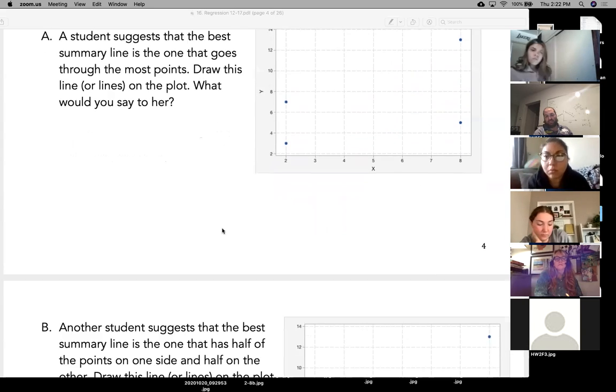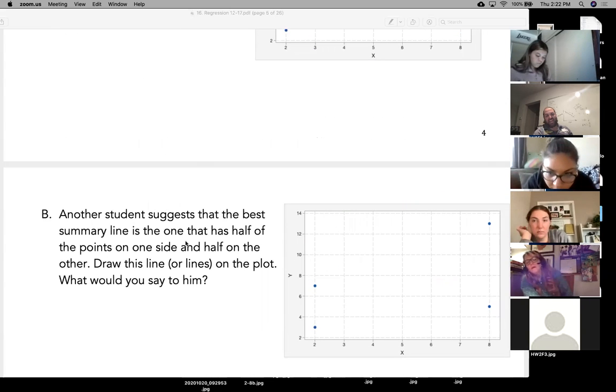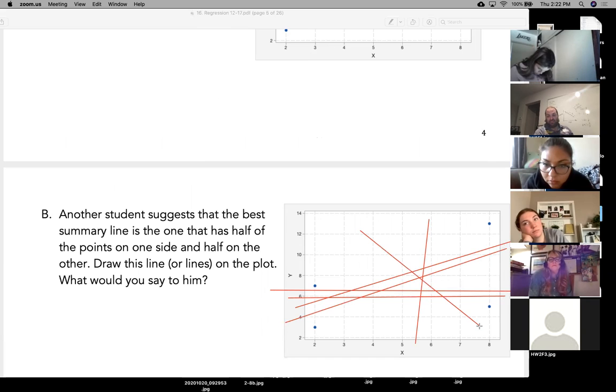So the student goes on and says, okay, fine. How about the one that has half of the points on one side and half of the points on the other side? Is that a good one? Well, let's think about it. That has 2 on each side. There's lots of lines that have 2 on each side.